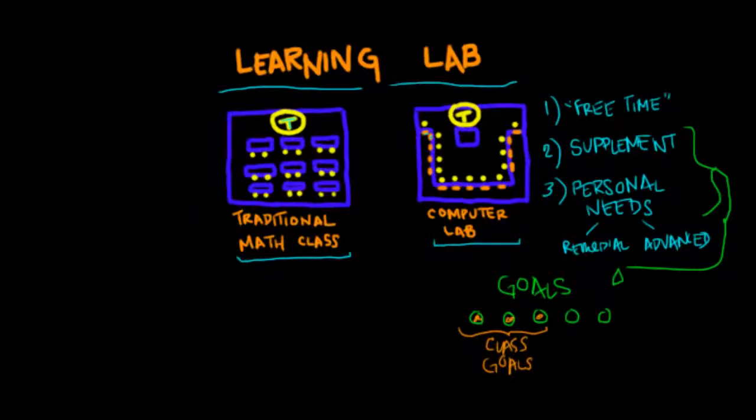And then the other 2 goals every week might be more individual or person meeting their personal needs. So these would be personal goals. And this is just a way to make sure that students are able to both meet the needs of your curriculum, but also meet their own needs, whether that's filling in gaps or working on things that are more advanced.